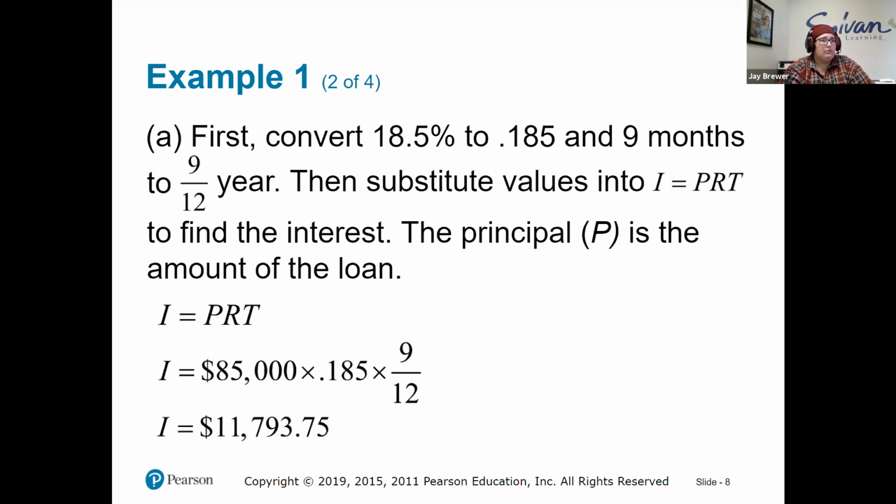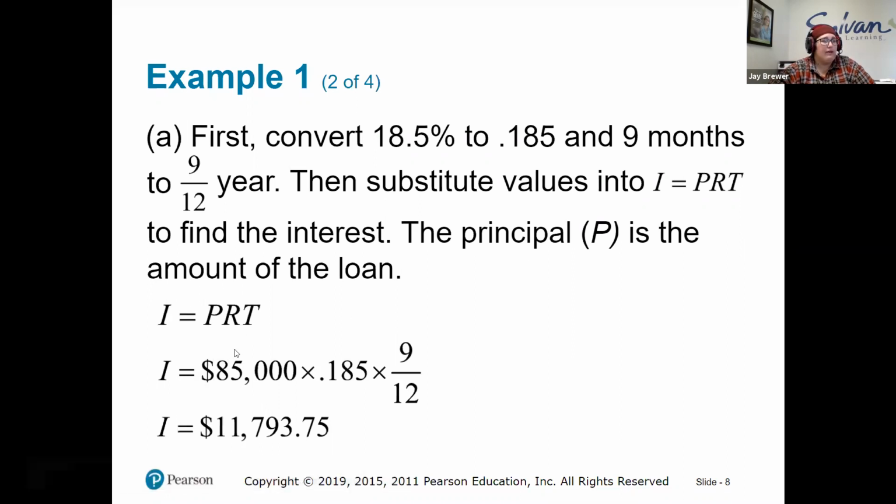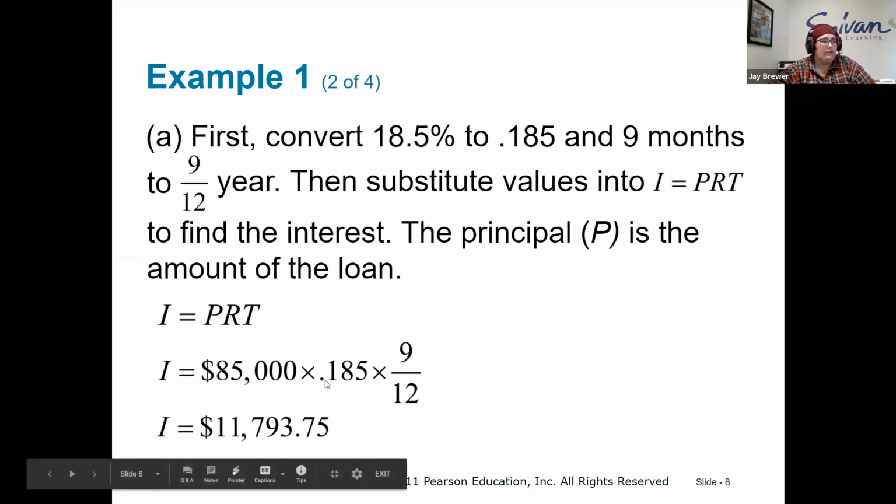Then we want to substitute those values into the formula, which is I equals P times R times T. You will get to know that formula as if you were born knowing it. You have to use it so much. All right, so our principal is the 85,000. Our rate for part A is 18.5, so 0.185. And then our time is 9 months, so 9 over 12.